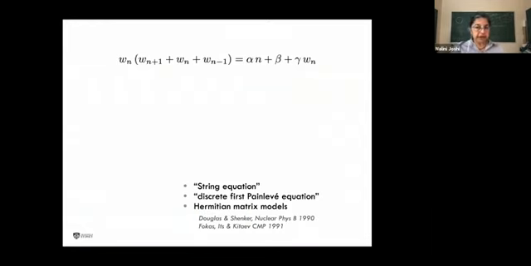What about discrete Painlevé 1? This is the scalar form that I alluded to earlier, which is known as the discrete first Painlevé equation. I think for a special value of alpha here, it's also known as the string equation. It comes from Hermitian matrix models that many of you might know about already.